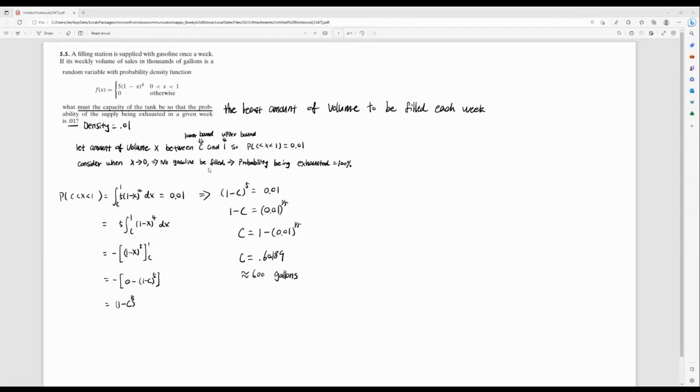So you just plug into the value and calculate it. So we got this, and then we can use substitution, and after we integrate, we got this, and we set it equal to 0.01, and we find c is equal to 0.6 in thousands. That means 600 gallons.